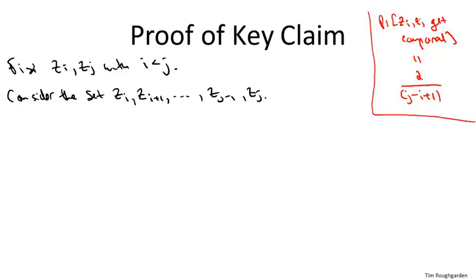So for example, the third, fourth, fifth, sixth, and seventh smallest elements in the input array, wherever they may be. Of course, the initial array is not sorted, so there's no reason to believe that these j minus i plus 1 elements are contiguous. They're scattered throughout the input array, but we're going to think about them, zi through zj inclusive.